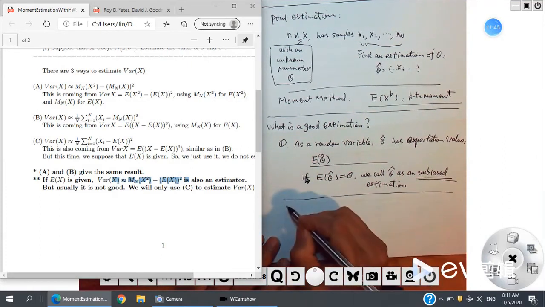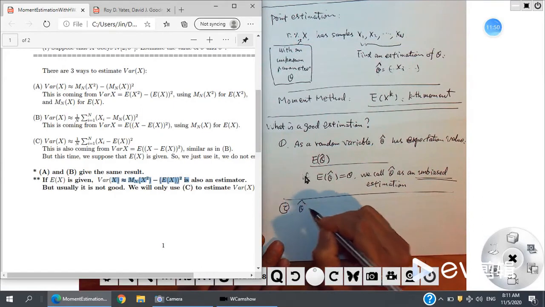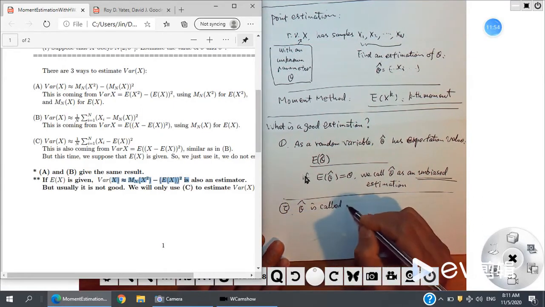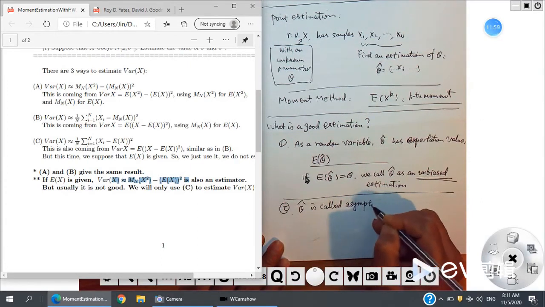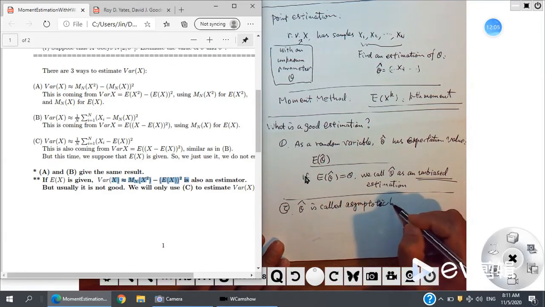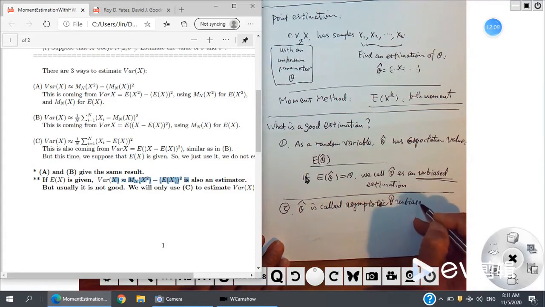And the second one, theta hat is called an asymptotically unbiased estimation.